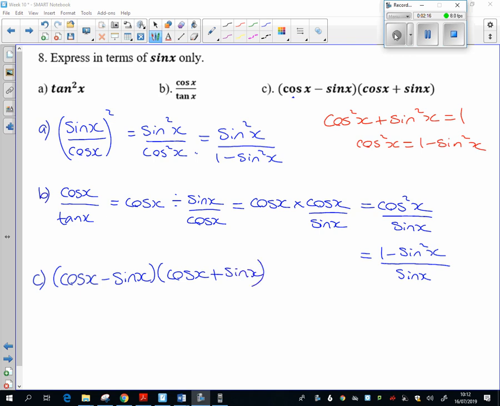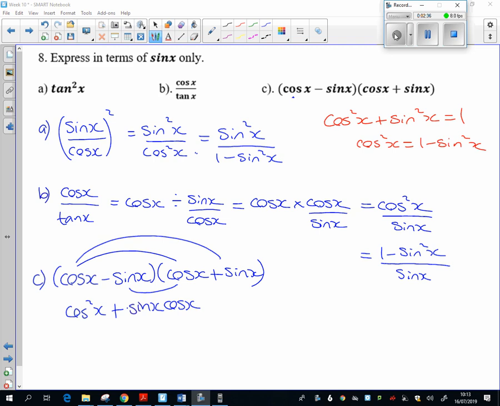Okay, so I've got cos x times cos x. I have got cos x times sine x. In fact, some of you may have spotted that this is actually the difference of two squares. So if you have spotted that, you may have been able to go straight to the expanded form, but I'll do it the long way.